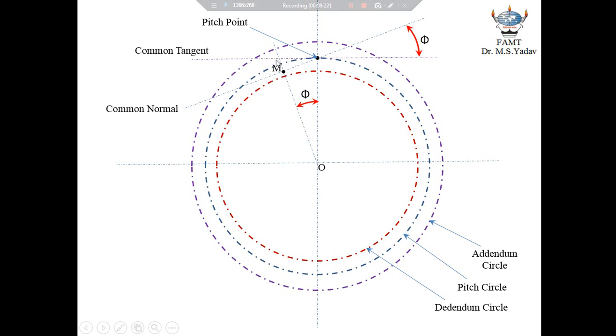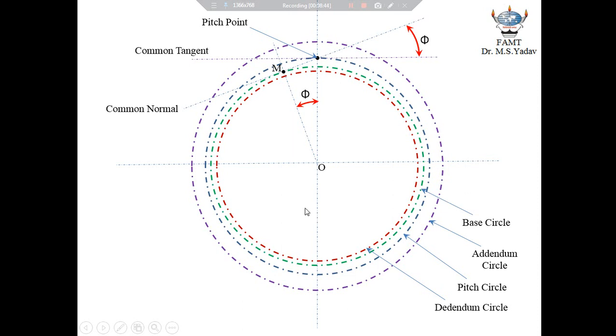The same has been discussed in video on law of gearing. Now with O at center and OM as radius, draw a circle like this. This is the base circle, and involute will be generated on the base circle.